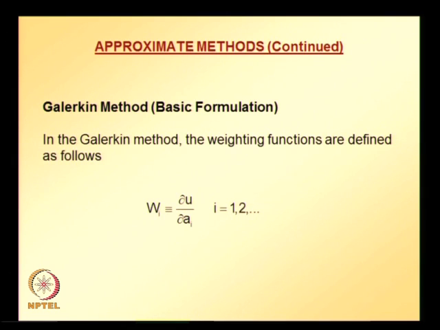Please recall that in the least square weighted residual method, the weight function is the partial derivative of the residual with respect to the unknown coefficients, whereas in the collocation method, the weight function is the Dirac delta function, and now for the Galerkin method, the weight function is the partial derivative of the trial solution with respect to the unknown parameters.